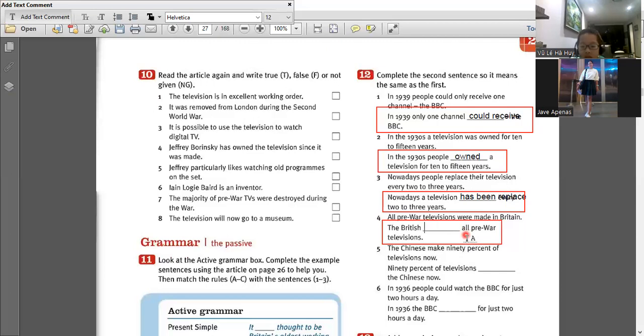The British were all pre-war televisions? You mean to say all of them are televisions?